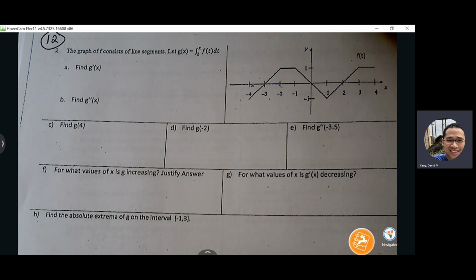Here you don't have the function, so you have to rely on the area. You can't just plug it in. Because this is not the antiderivative, this is the rate. So we're not able to get an accurate reading.